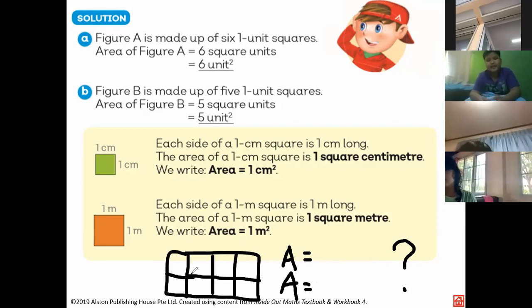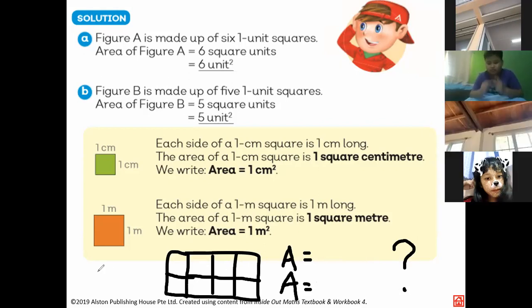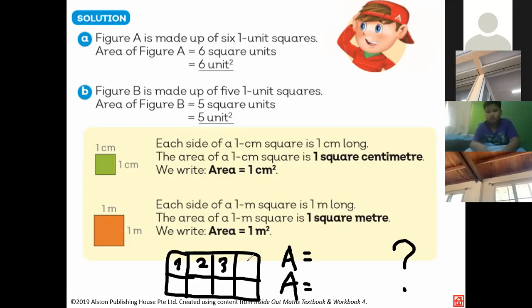How many 1 unit squares? How many 1 unit squares do you see? 8. 8. So 1, 2, 3, 4, 5, 6, 7, and 8. Okay, here's what you're going to do.